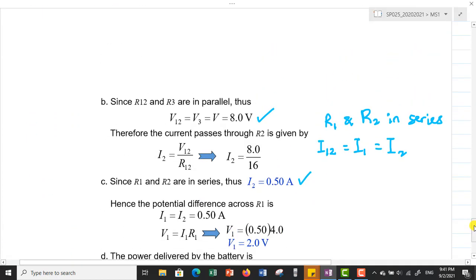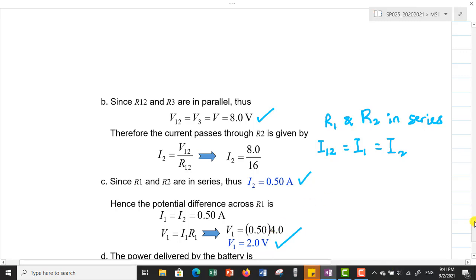I know that the current I1 equals I2 equals 0.5, so I know the current that passes through the 4 ohm resistor. Now I can calculate the voltage across the 4 ohm resistor. V equals IR. Since I want the voltage across the first resistor, the 4 ohm resistor, the current is 0.5 and the resistance is 4. So I get V1 as 2 volt.